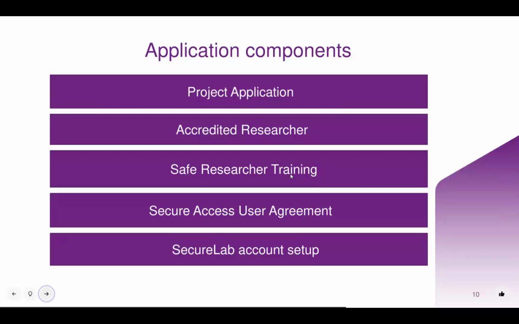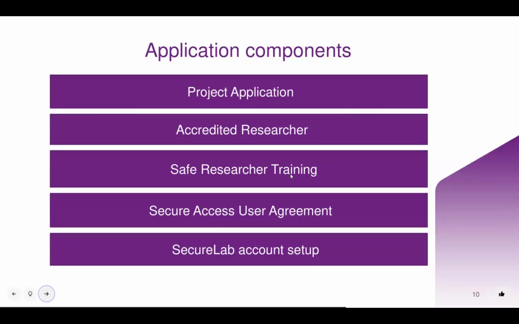The Secure Access User Agreement is a legal document which is a contract between the user, the University of Essex, which is the legal entity for the UK Data Service, and the organization of the applicant. So they both confirm that they understand the importance and the requirements under which the data will be accessed and accept legal responsibility.